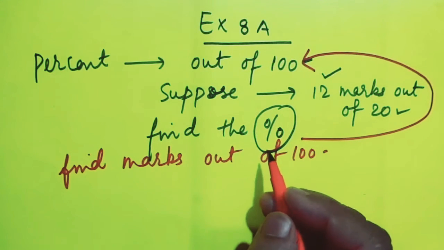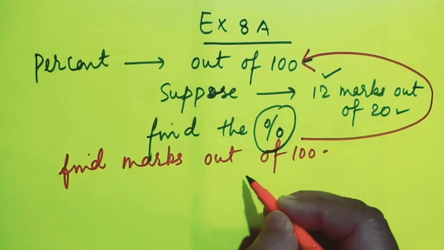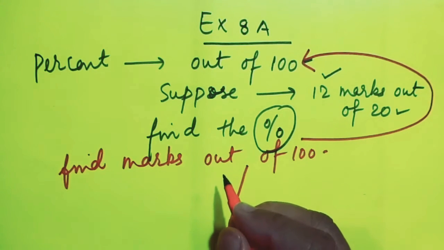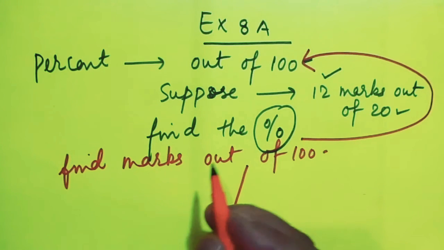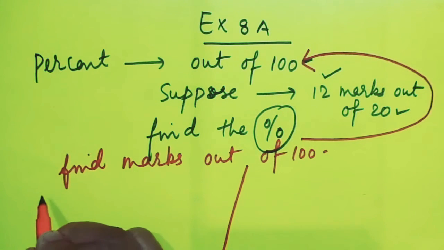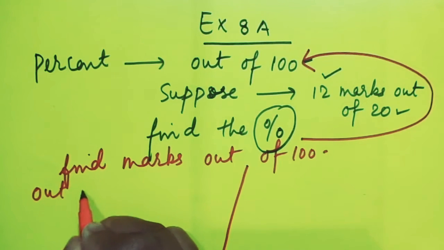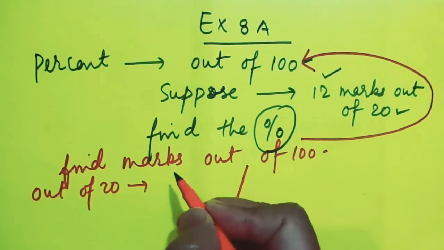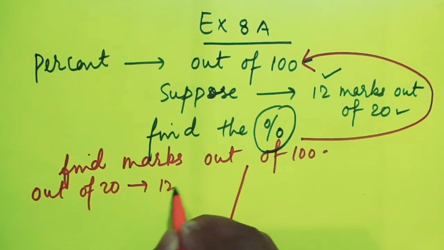We shall be using the unitary method. In this unitary method, how shall we find it out? Let me see. Out of 20 I secured 12 marks.